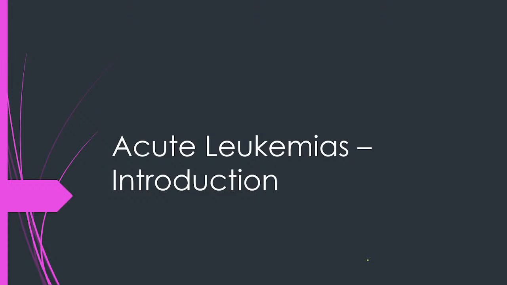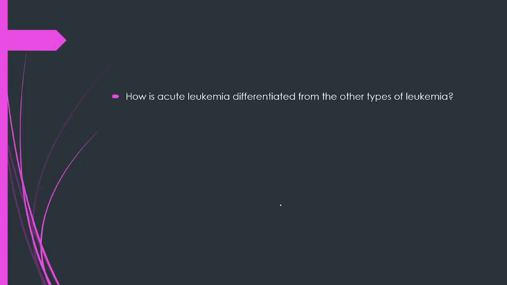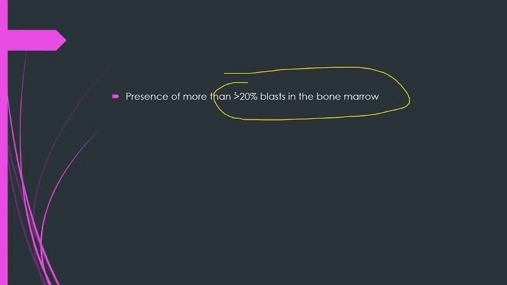Of course. Why would I put it here if it's not going to be asked on the board exam and in your other certification examinations, right? Anyway, how is acute leukemia differentiated from the other types of leukemia? It has more than 20% blasts in the bone marrow. Take note of 20% blasts. All right? 20% blasts in the bone marrow.